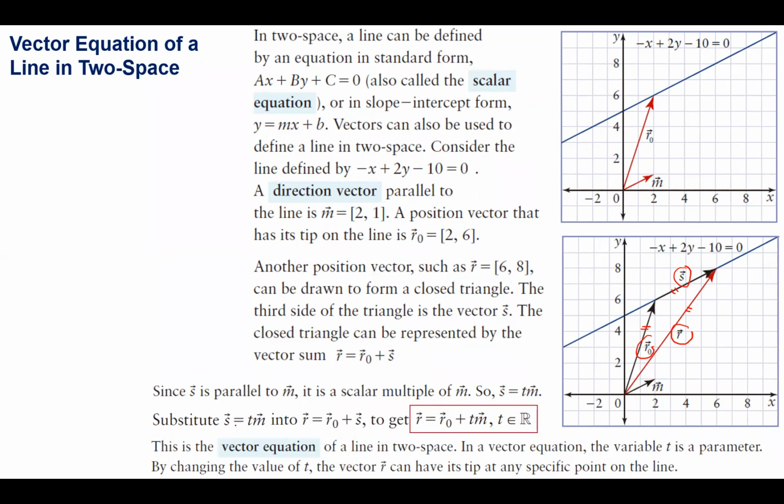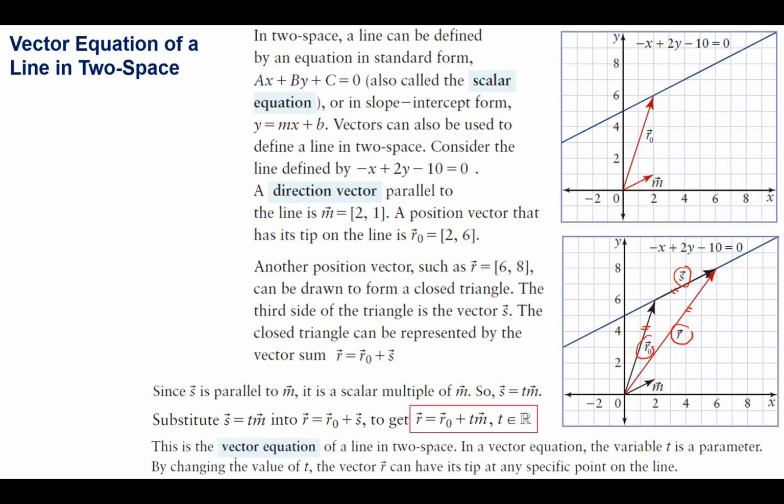We can substitute s equals tm into r equals r naught plus vector s to get this relationship. Vector r equals vector r naught plus t times vector m, where t belongs to the real number set.